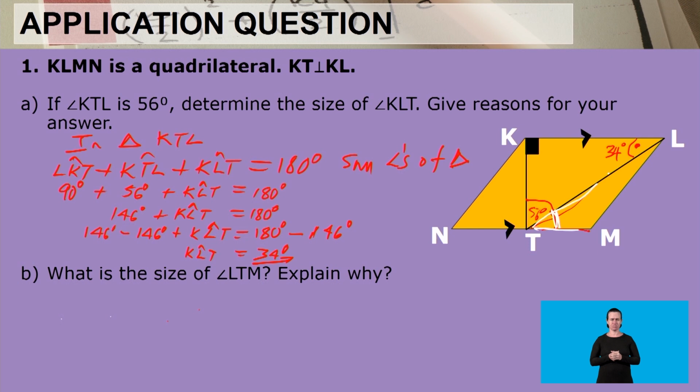When I look at that angle there and the angle we've just calculated, which is angle KLT, the two angles are positioned one on the right and the other on the left of the transversal that is between two lines, KL, which is parallel to MN.